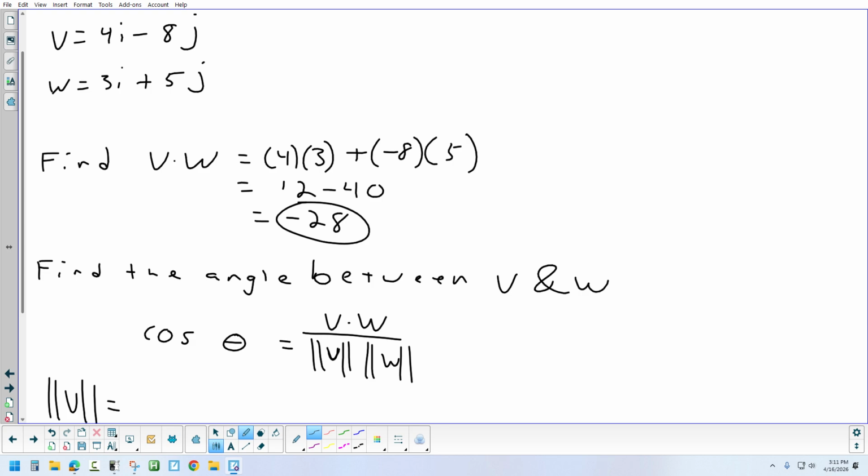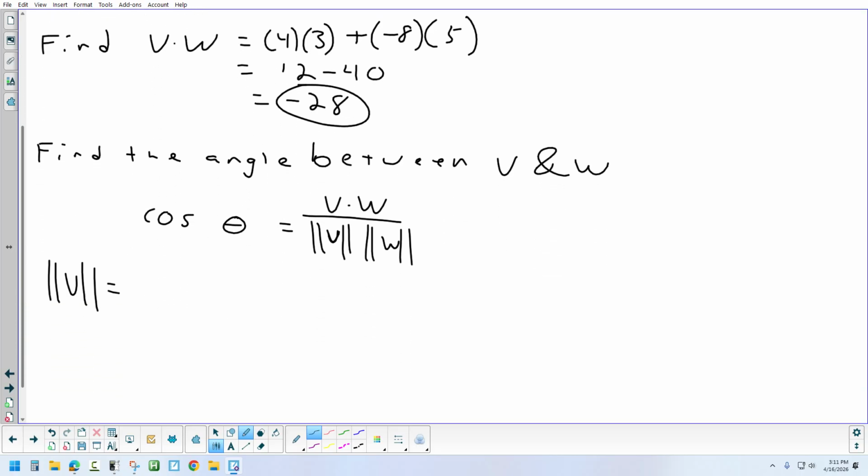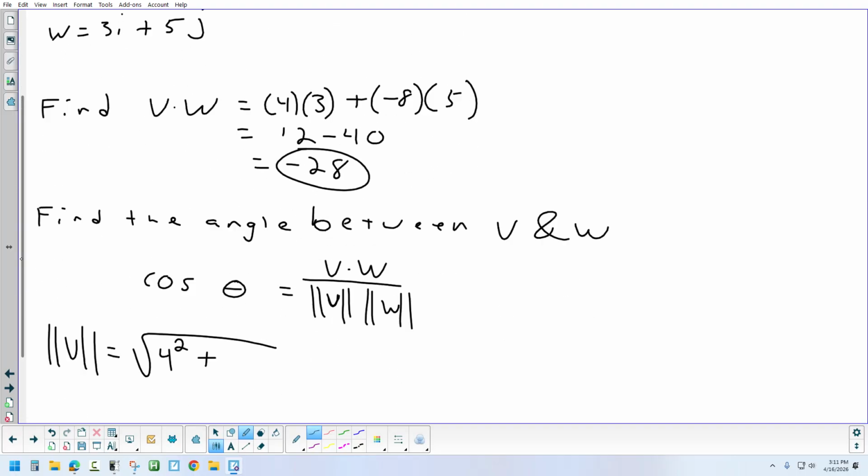The 3 and the 5, that's in a different vector, so we're not going to do anything with W right now. 4 squared, and then plus negative 8 squared.